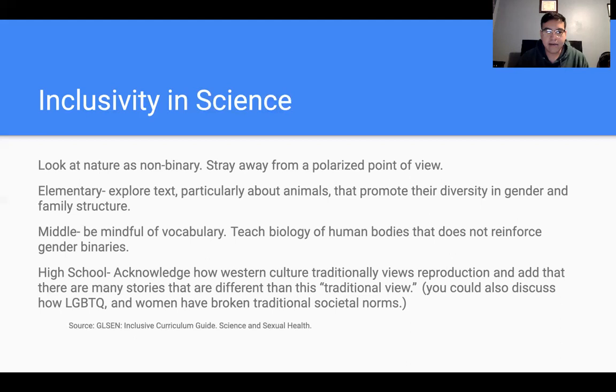You can look at, say, Sally Ride, how she was one of the first women to go into space. And I don't remember the guy's name in particular, but he was a gay man who helped to crack the, it was the Germans, I can't think of the exact word, but there were secret codes during World War II and cracking those codes. So you can look at things like that as well.